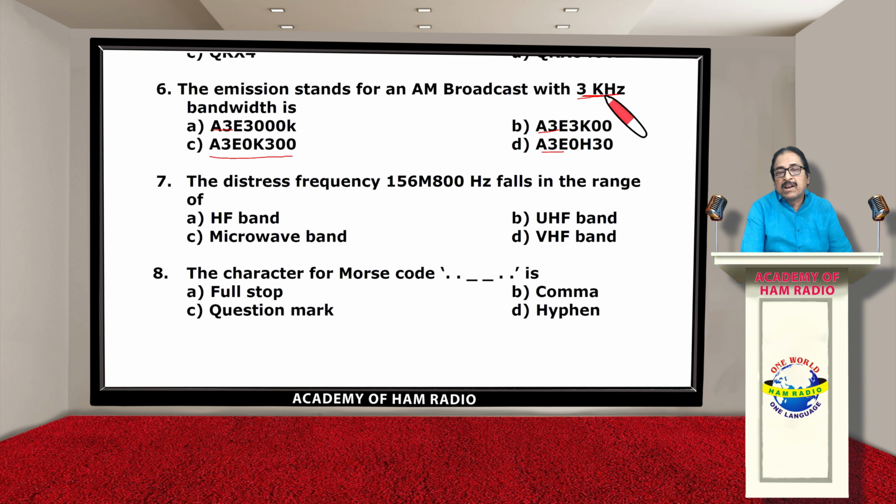So bandwidth related questions will be in 4 characters. So equivalent to 3 kHz means after kilo, there will not be any value, so zeros. Here A3E 3K00 means there won't be any value after kilo K. So it is A3E 3K, that is 3 kHz.